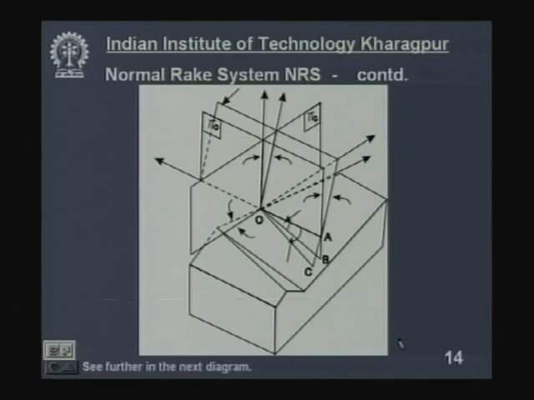Now, this shows the concept of the normal rake system. Here, this is the cutting tool you see. Again, I am showing you the orthogonal system. This is the velocity vector.